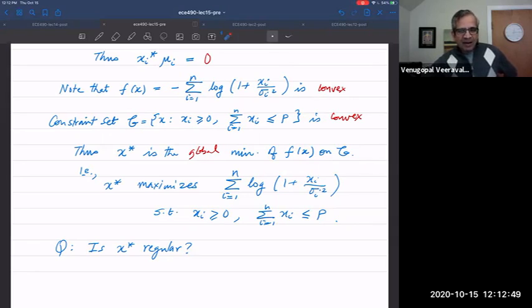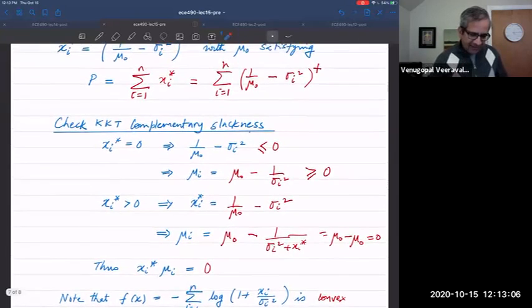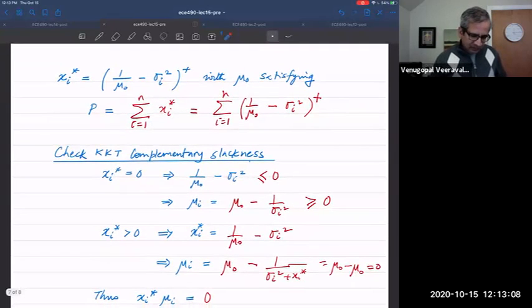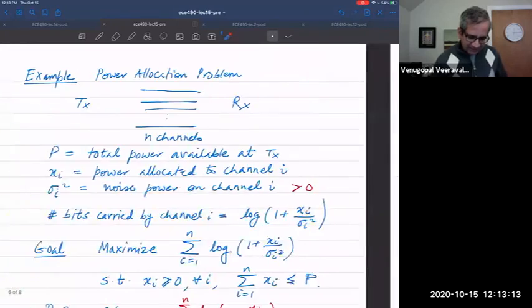Now I claim that not all the remaining constraints can be active. Why? What will happen if all the remaining constraints are active? What would that say about the xi's?